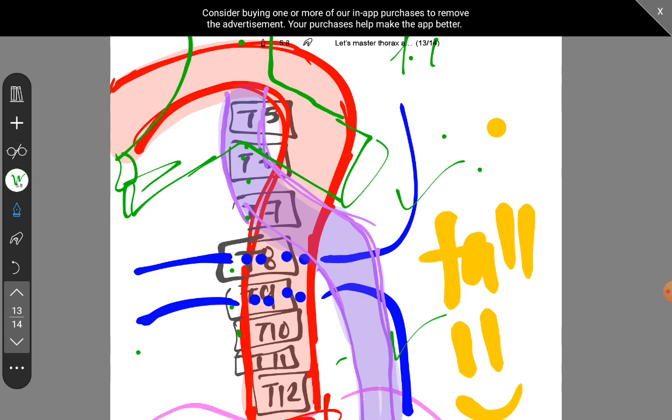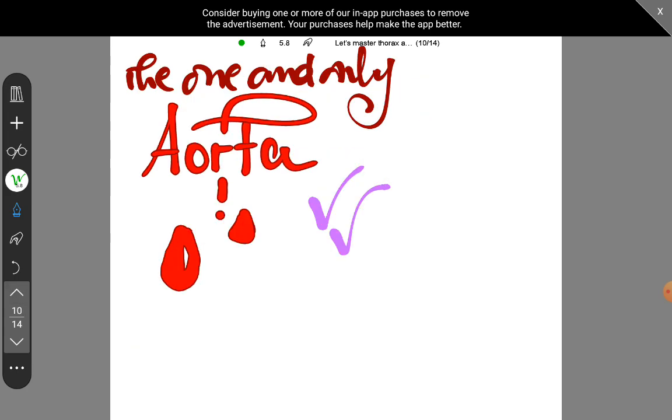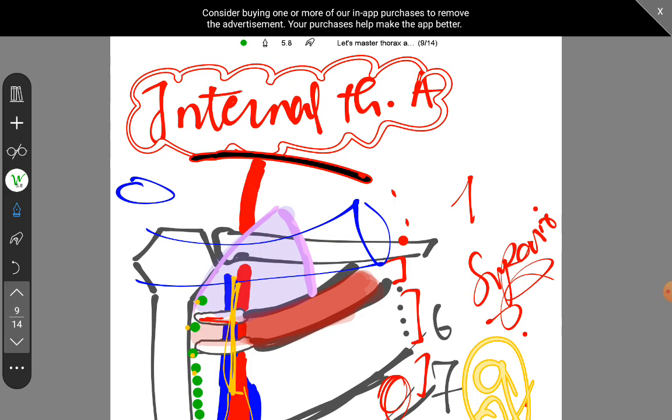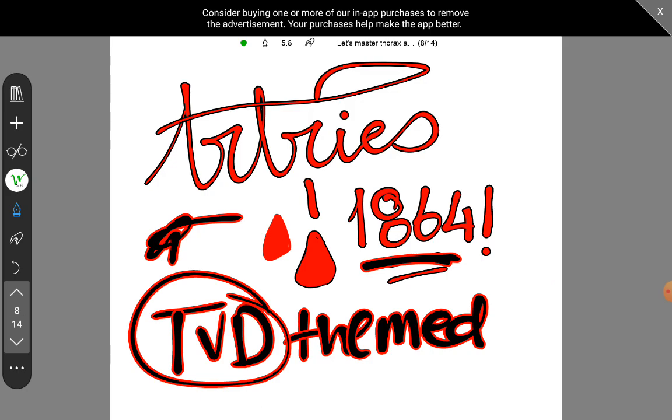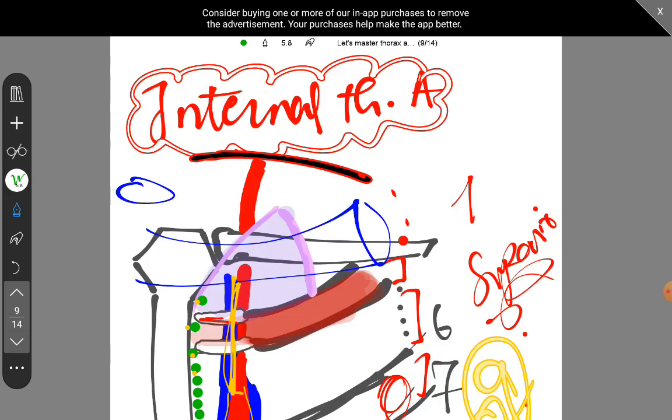So, as promised, we're going to make it a revision for the arteries. First thing was the internal thoracic artery, which begins 1 inch above the sternal end of the clavicle, and then it enters through the thoracic inlet.